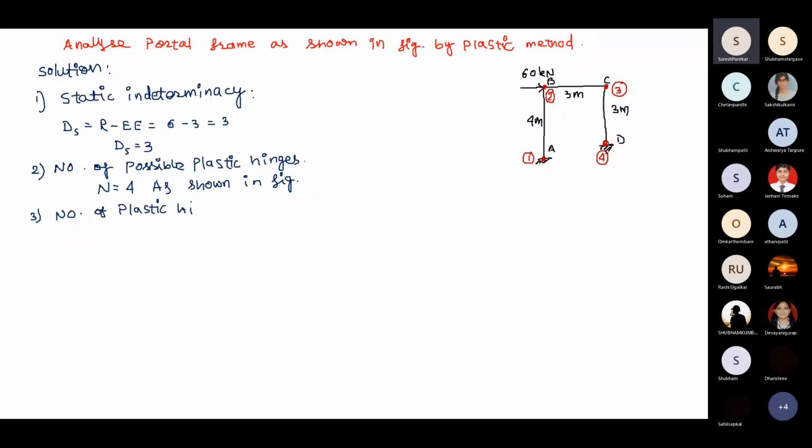Number of plastic hinges required for collapse. So N equal to ds plus 1.